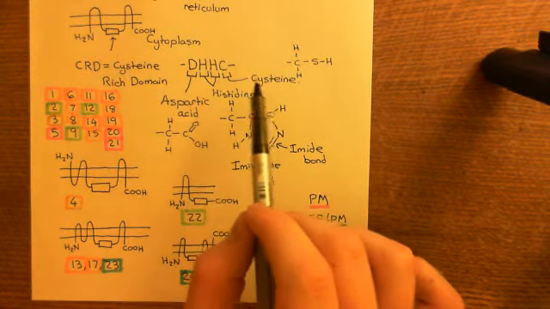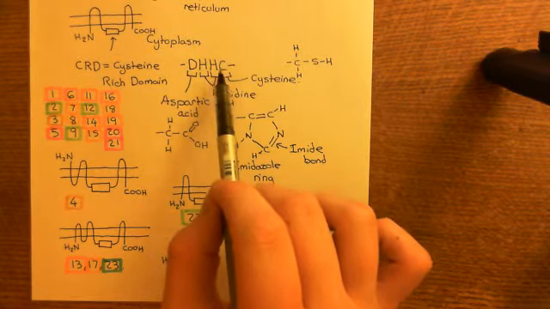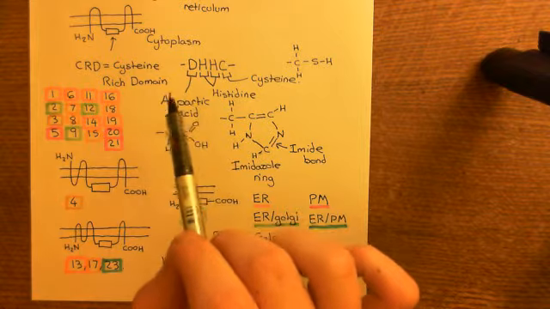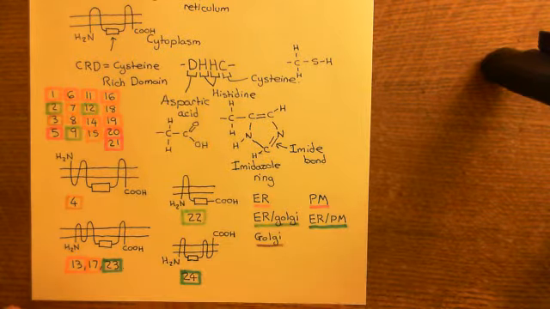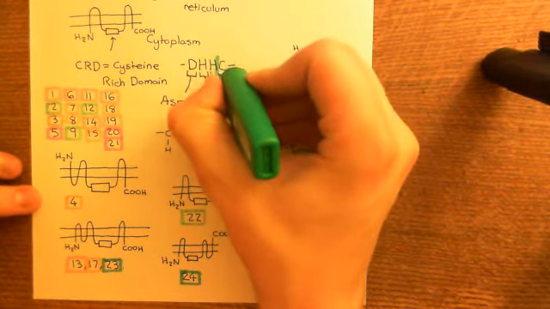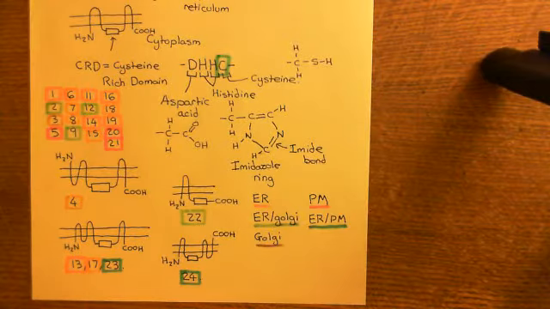So basically the palmitoyl group firstly goes onto a cysteine residue within the enzyme, and then is transferred onto the cysteine residue within the protein. And it is specifically this cysteine residue here within the DHHC sequence of 4 amino acids that receives that palmitoyl group. Okay, right. So that now concludes our discussion of palmitoylation.